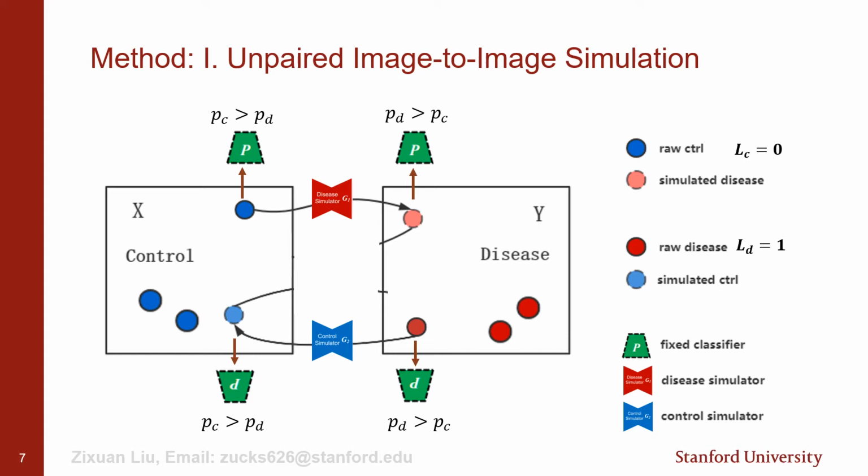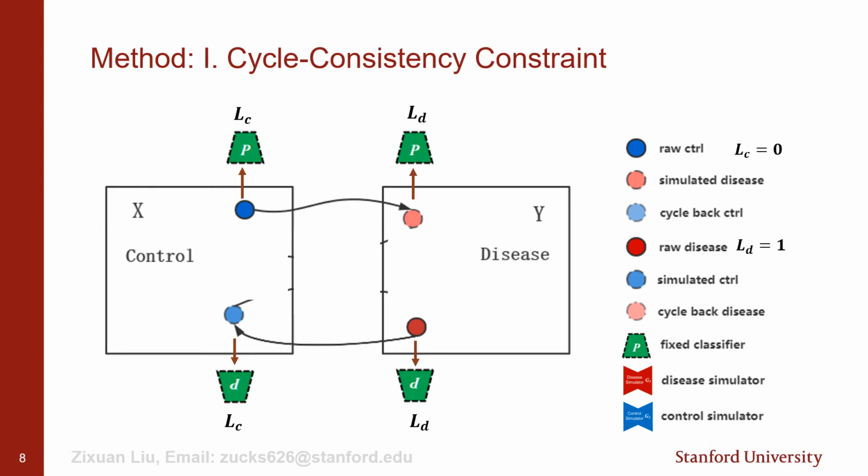One difficulty here is the unpaired nature, which means we actually don't have paired control and disease views from the same subject at the same time. This is always true in reality, as one person cannot be both healthy and diseased simultaneously. To address this difficulty, we leverage a notion called cycle consistency.